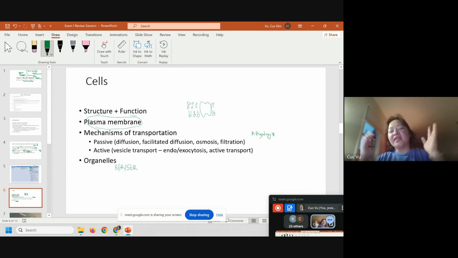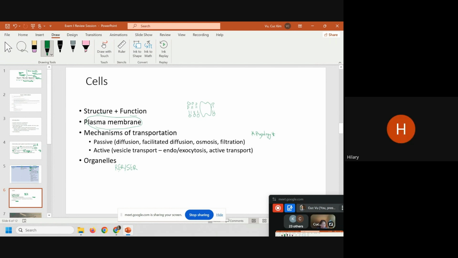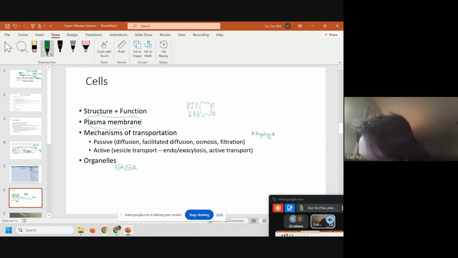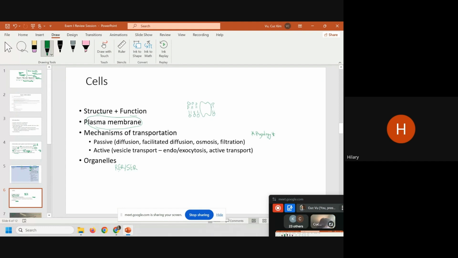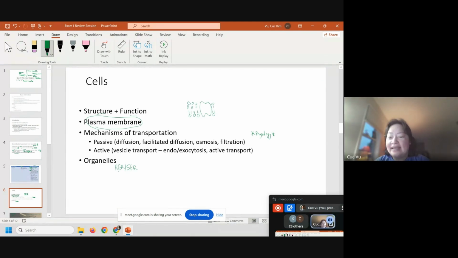Okay, smooth ER. A lot of you got it right, but you oftentimes only mentioned one of the three functions. What are the three functions of smooth ER? Store minerals. Store minerals, exactly, such as what?